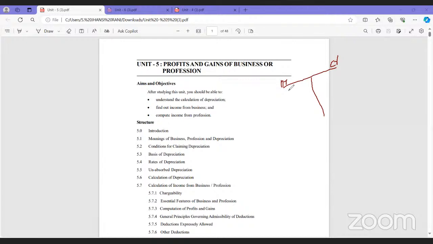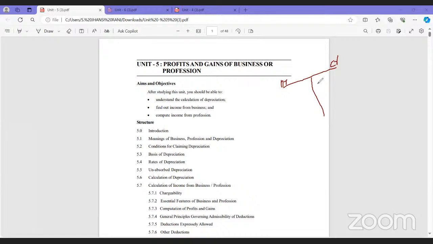So here we write expenses like salaries, electricity bill, postage, telegram, telephone, depreciation, interest on drawings, interest on capital, commission, interest on loan taken, insurance, and so forth. We write n number of expenses and losses on the debit side.